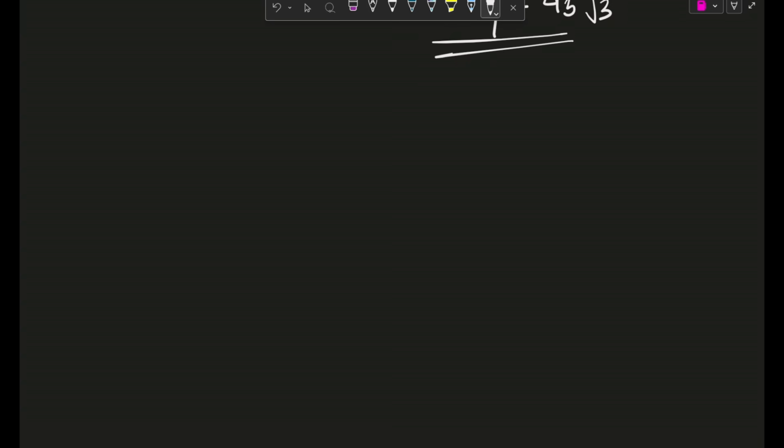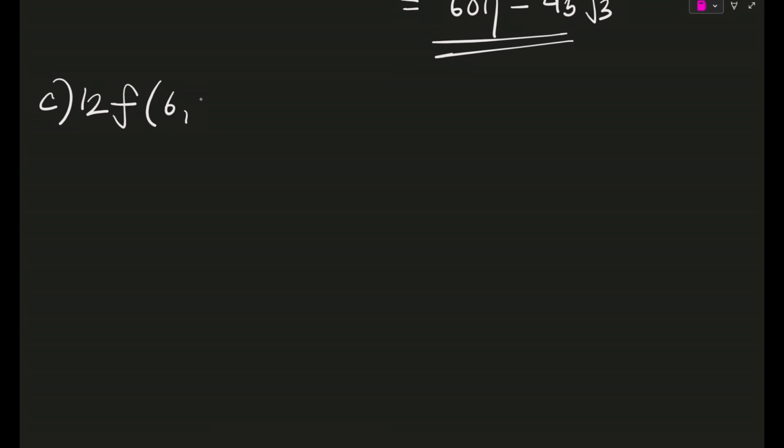Okay, so guys, moving on to option number C, which says 12 times f of 6 comma 4 comma root 783. So here your d dash, if you calculate it, is actually coming out to be a big number, so I will solve this for you.